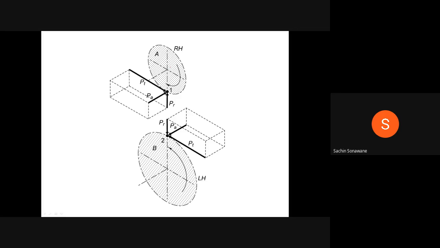If you apply the right hand screw rule to gear A, axial force PA or thrust force PA is in this direction, and on the gear it will be in the opposite direction. Therefore, show it like this.